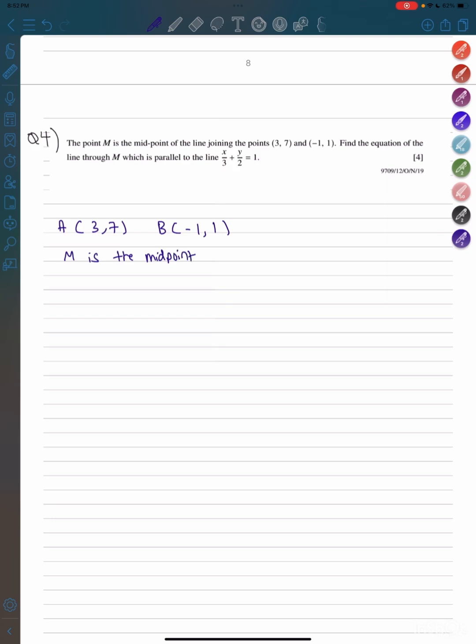So let's quickly find the midpoint. Now we need to find a gradient in order to make an equation. So we have the point, we don't have the gradient. If you realized, they've told us that the line through M is parallel to this equation.